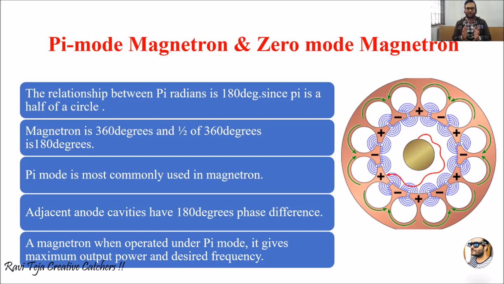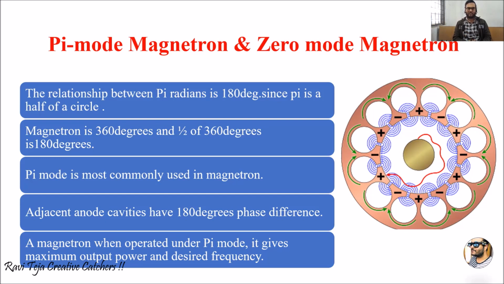Those who are familiar with the working of a magnetron will find it easy to follow the pi mode magnetron as well as the zero mode magnetron. So whenever you are learning these, it's better to first study the working of a magnetron.